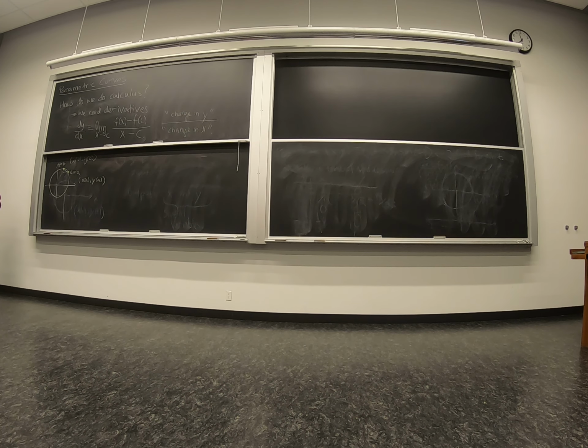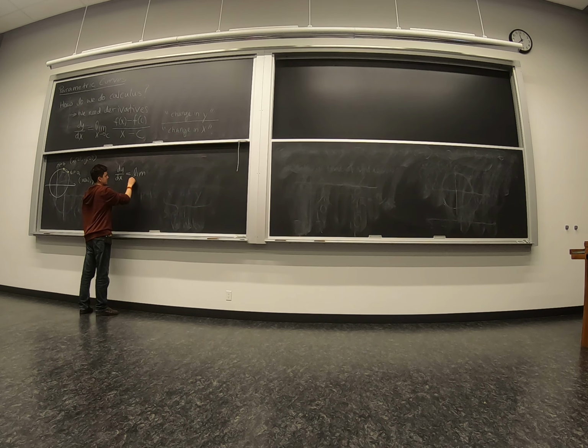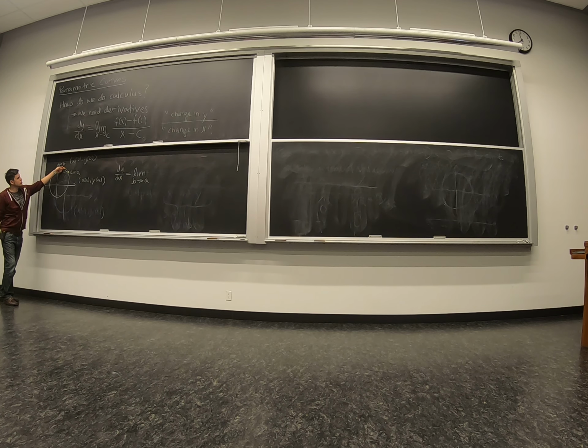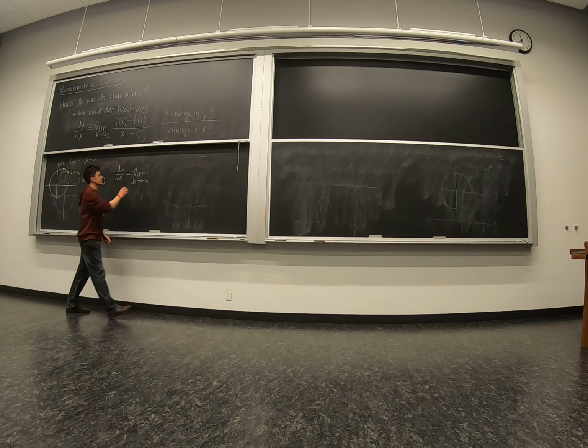So our corresponding notion of derivative will look something like this. As this point gets closer and closer to A, we get closer and closer to the slope at that point.